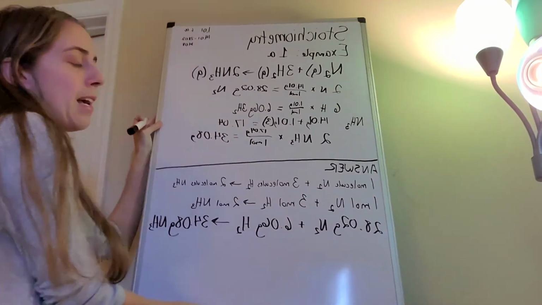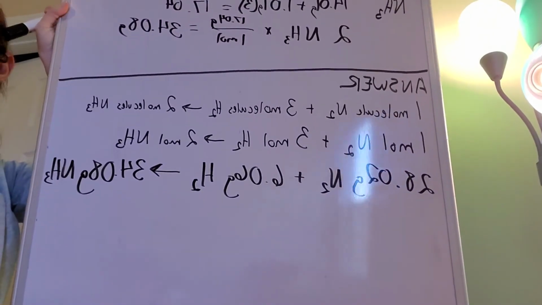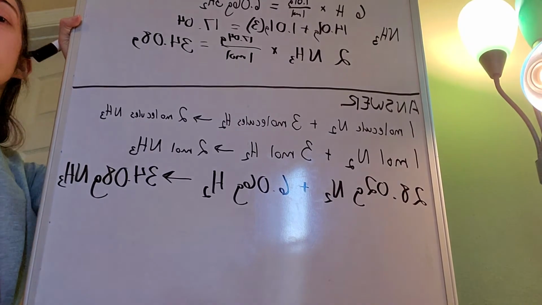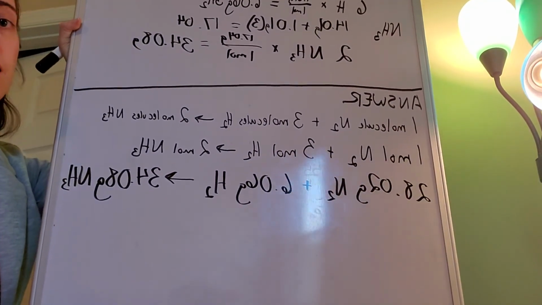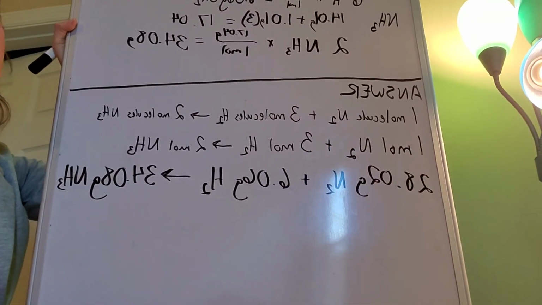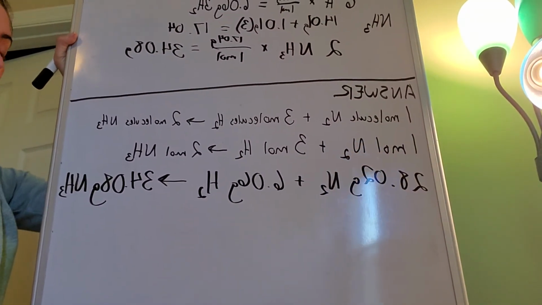Okay, that is our last interpretation. So this is what you would type into the answer box, okay? And there should be a chemical keyboard available for you so that you can type in all the subscripts and the arrows, all right? So this is what I'm looking for in your box.